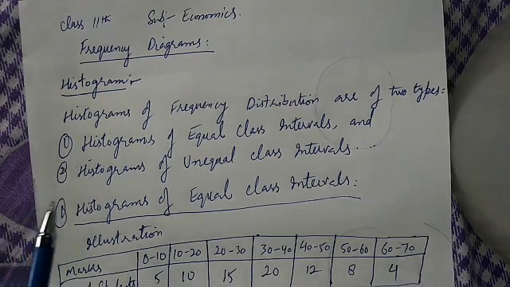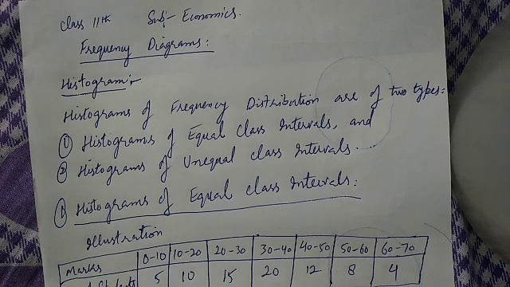See, histograms of equal class intervals are those which are based on the data with equal class intervals. A series with equal class intervals would make a histogram including rectangles of equal width. Length of the rectangles would be different in proportion to the frequencies of the class intervals.